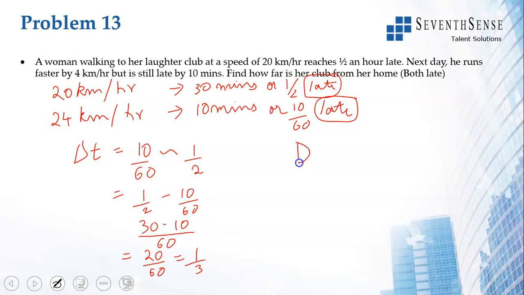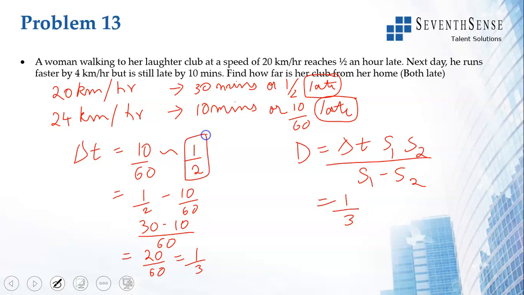What is the distance? D is equal to delta T S1 S2 by S1 minus S2. When you write delta T here as 1 by 3, you don't have to divide by 60 because this is already converted into hours. The delta T is 1/3 of an hour.